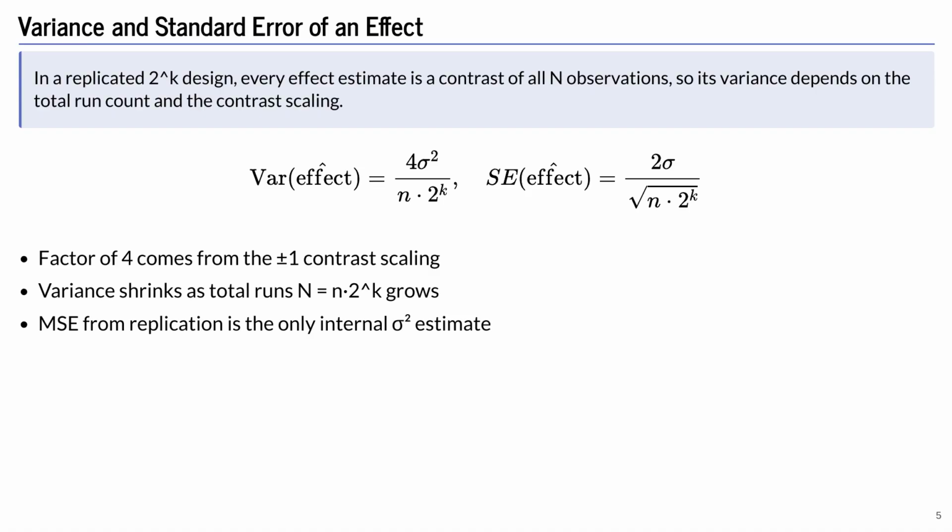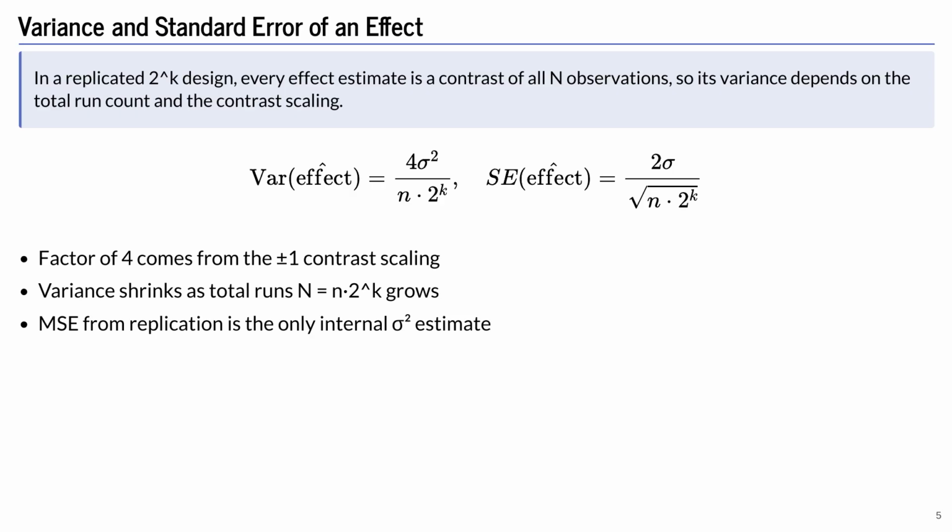Because the contrast uses +1 and -1 weights, a factor of 4 appears in the variance formula. Specifically, the variance of any effect estimate equals 4 times sigma squared, divided by n times 2 to the k. Taking the square root, the standard error equals 2 times sigma, divided by the square root of n times 2 to the k.